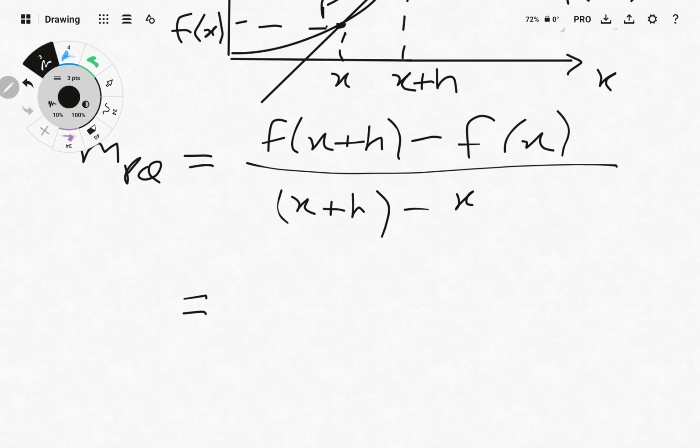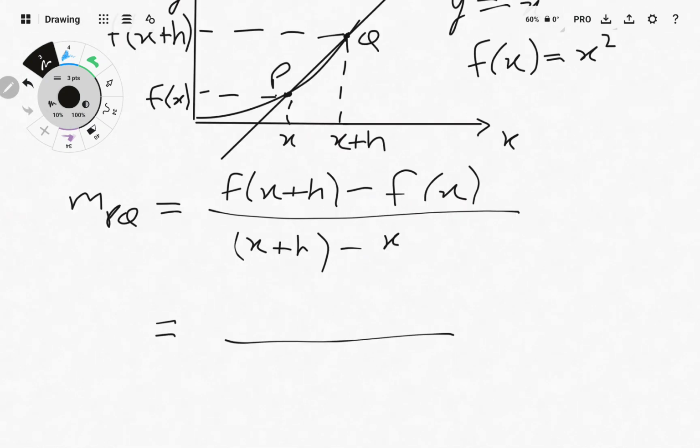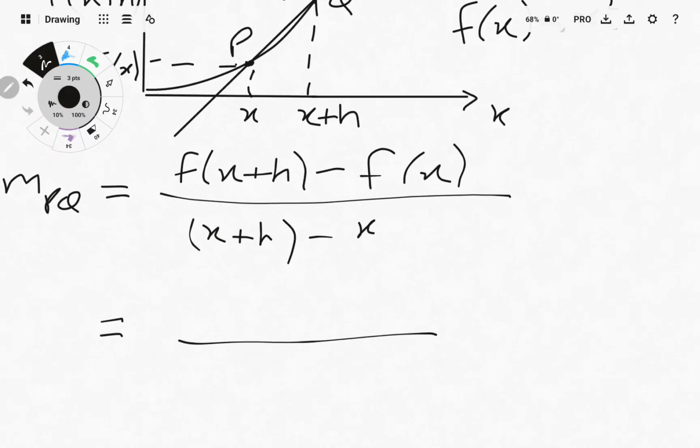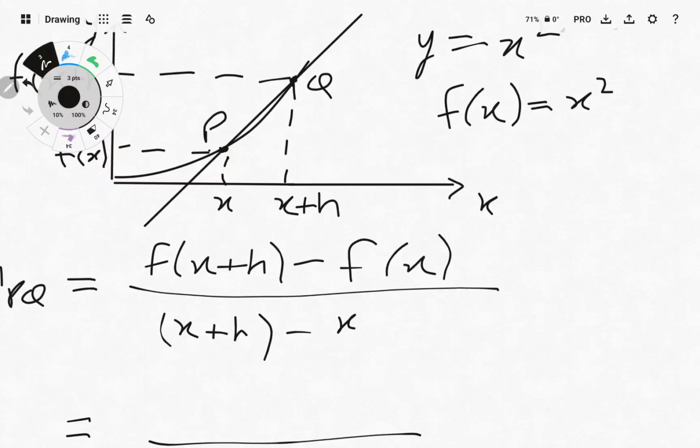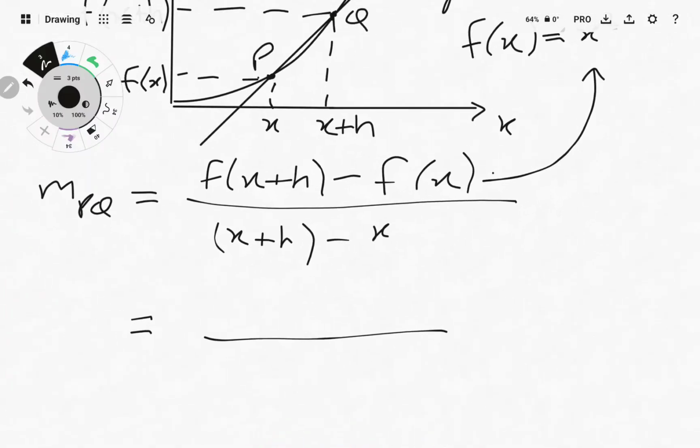Alright, so we have some complicated expression over here. Let's simplify it. What is f of x plus h? Actually, we start from f of x because it's easier to say. What will f of x be? Look, we already defined this as x squared. So I can just write x squared in place of f of x. Now, we have all studied functions.